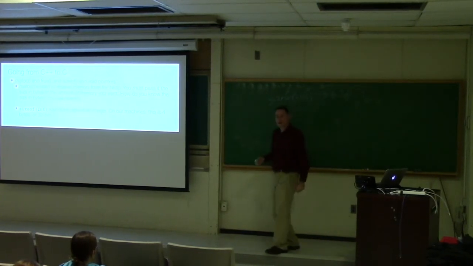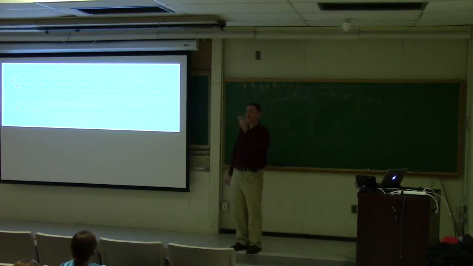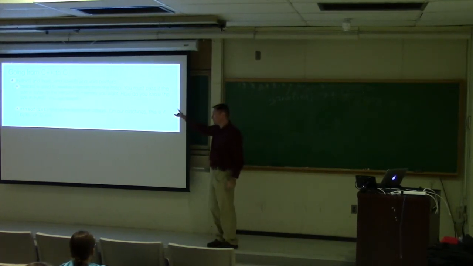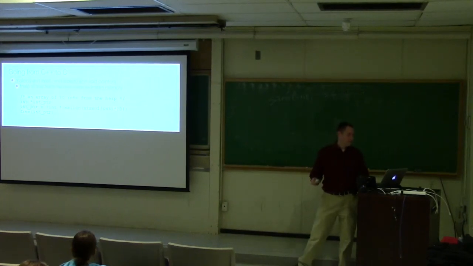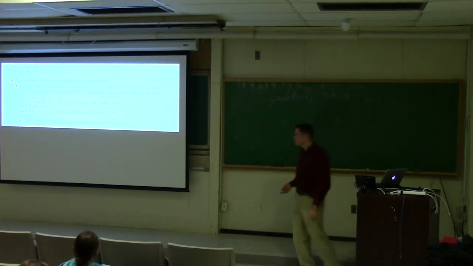So if I want an array of 3 integers, how many bytes do I need? If each integer is 4 bytes, and I need 3 of them, how many total bytes do I need? 12, right? Yeah, I need 12. This sizeof will help you figure that out. I'll show you how to use that on the next slide. Whoops. Yeah, here we go.